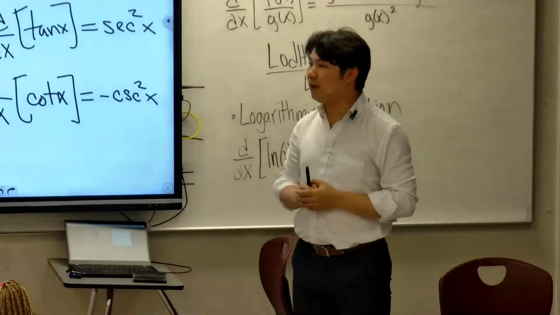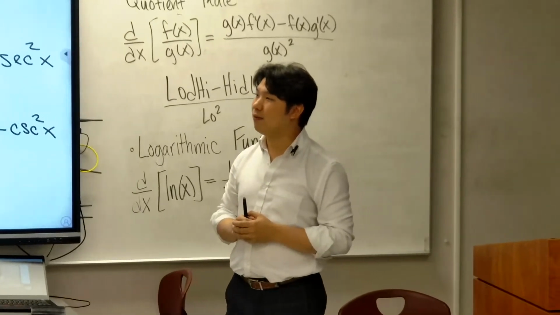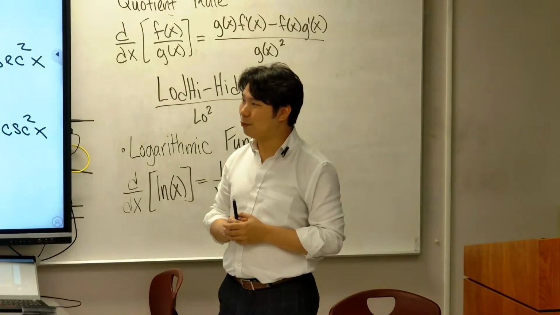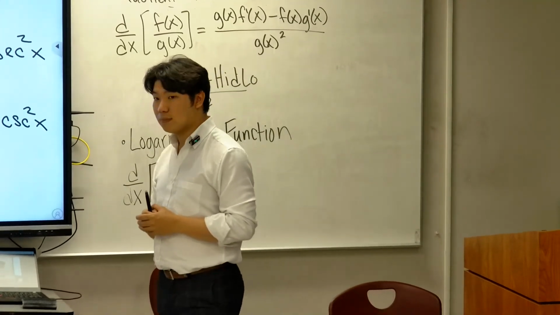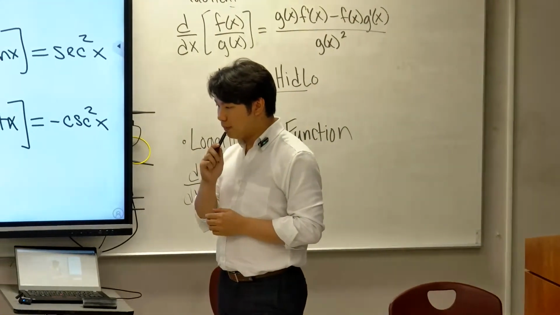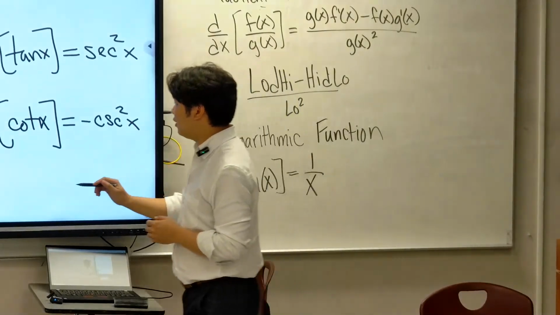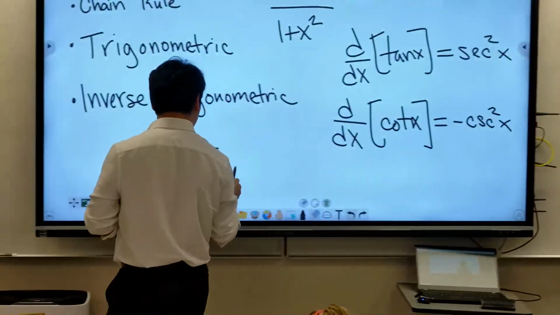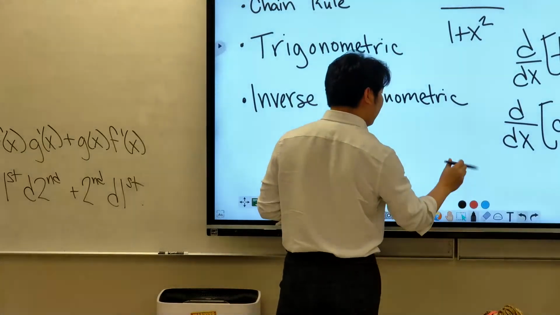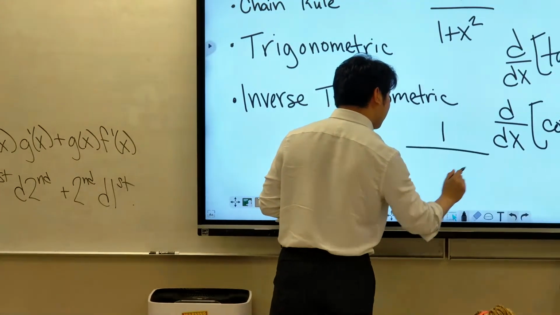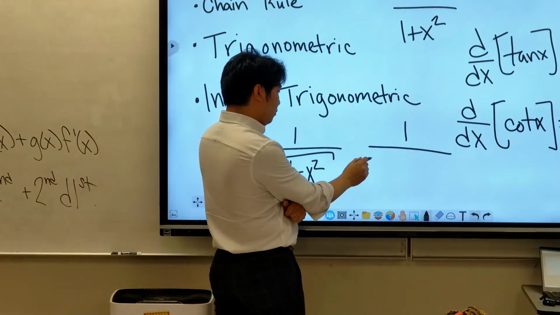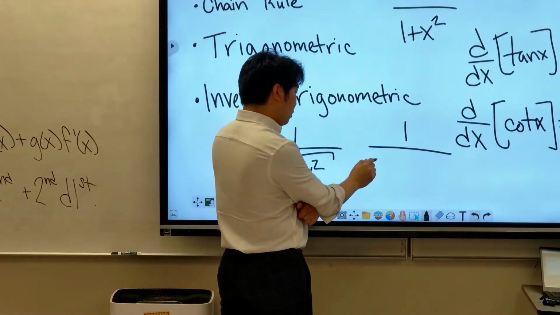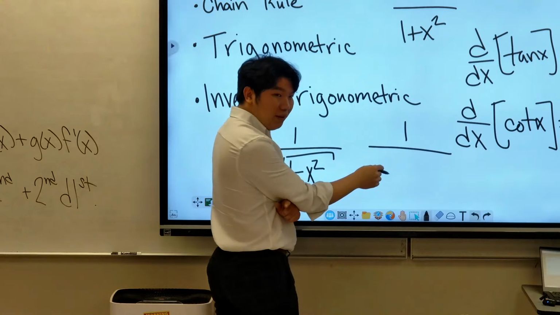What is the derivative of secant inverse of x? This one's the longer one of the group. So we have 1 on top for sure. What else do I have on the bottom for arcsecant?